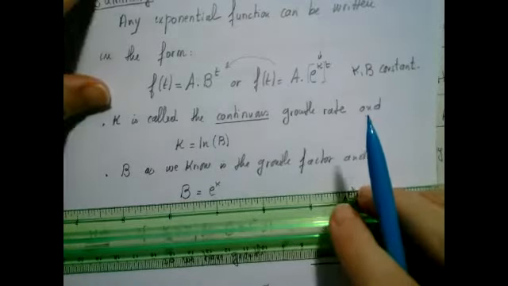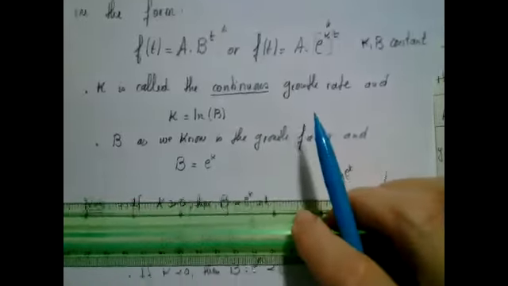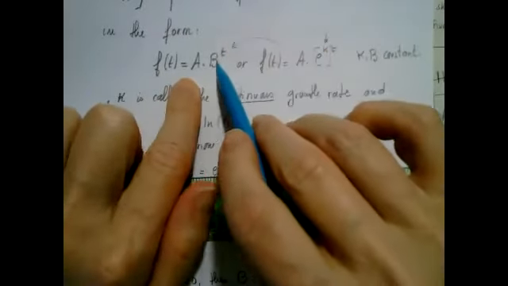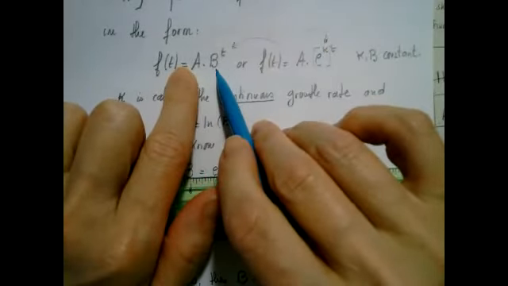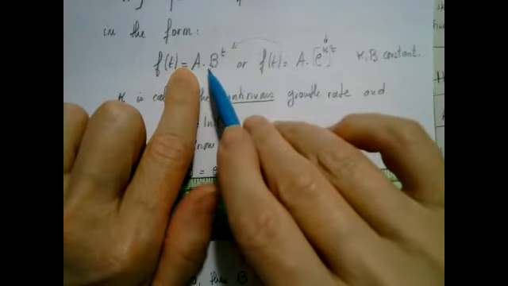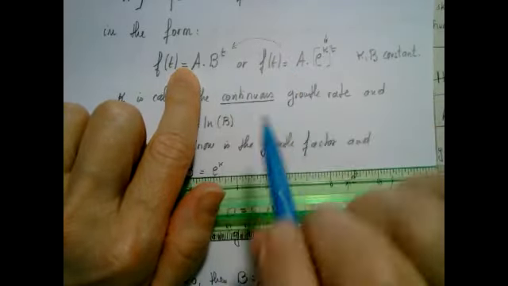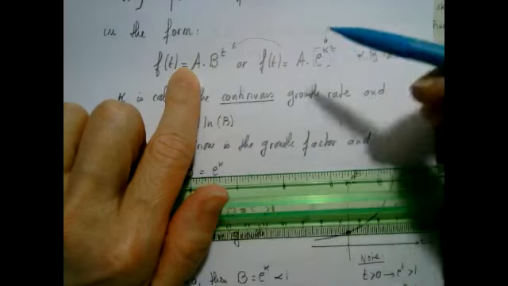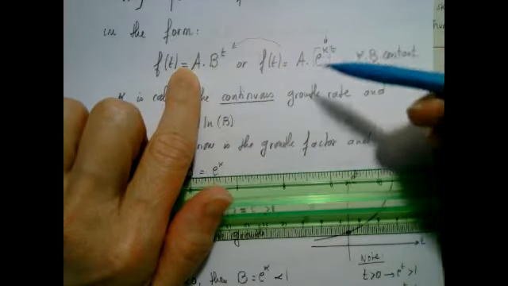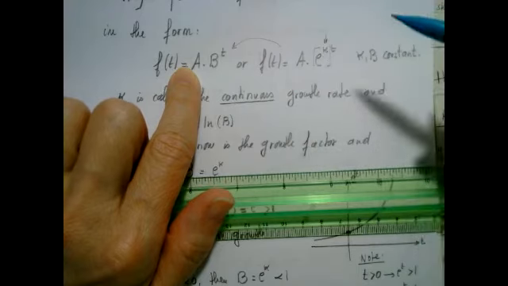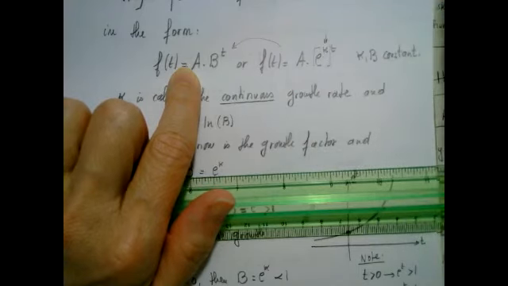Now, important idea. If a function has the form a times b to the t, and b is greater than 1, the function is increasing. If b is less than 1, the function is decreasing. Now, what about k? It will help me to know whether we have an increasing or decreasing exponential.